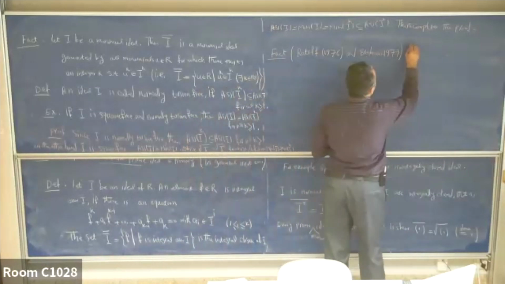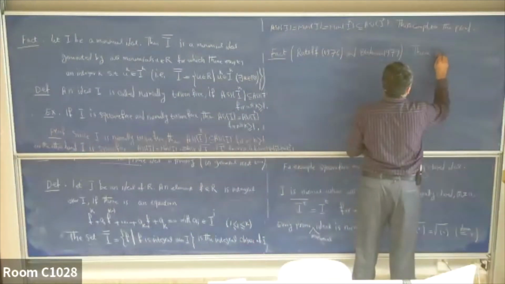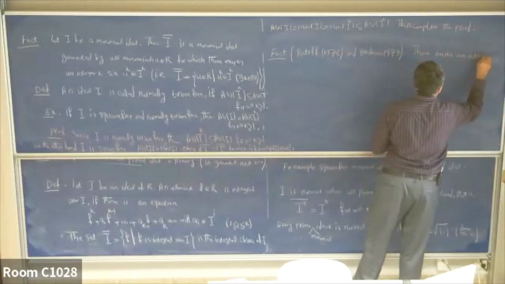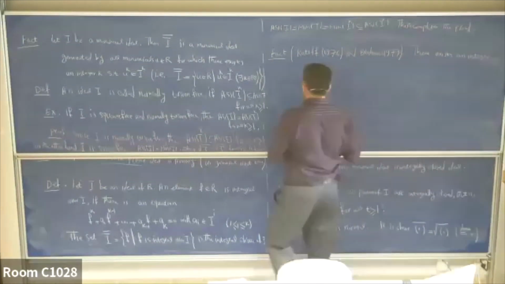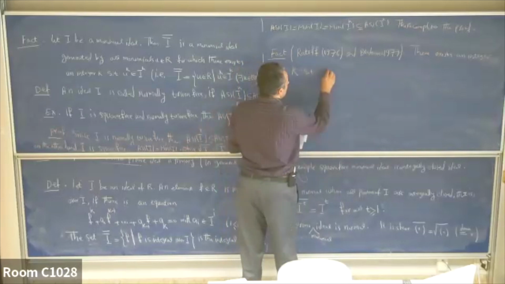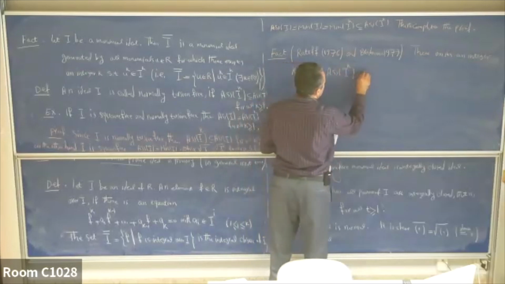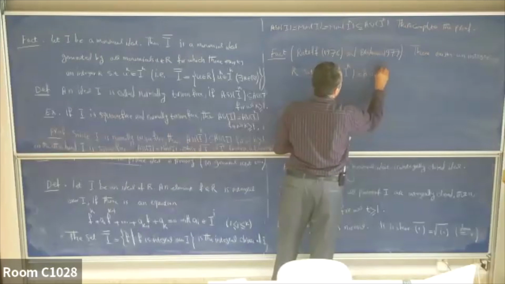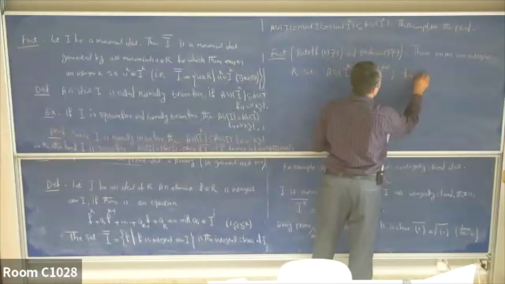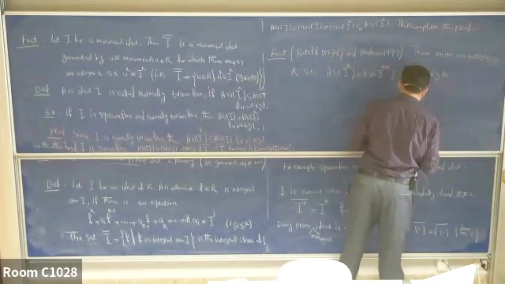There exists an integer K0 such that S of A^K is equal to S of A^(K+1) for all K bigger than or equal to K0.